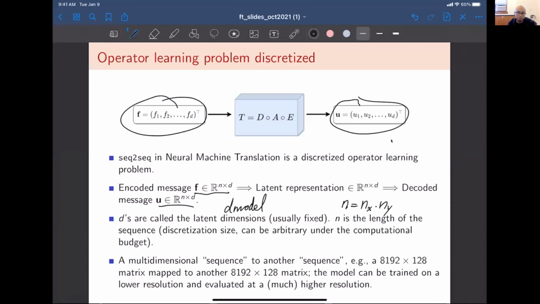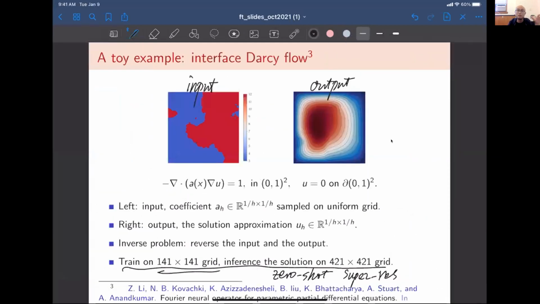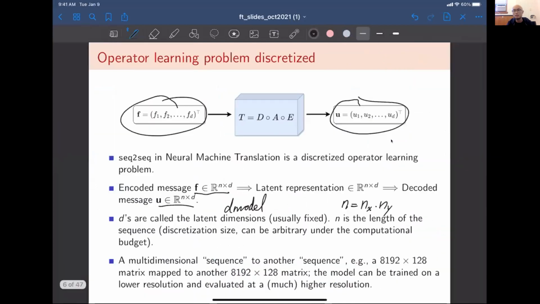Then I realized this operator learning is pretty similar, when discretized at a discrete grid, to language models. For example, BERT can be trained on a sentence with, let's say, 20 words, but the downstream task can be for sentences with like 100 words. So it's pretty nice.